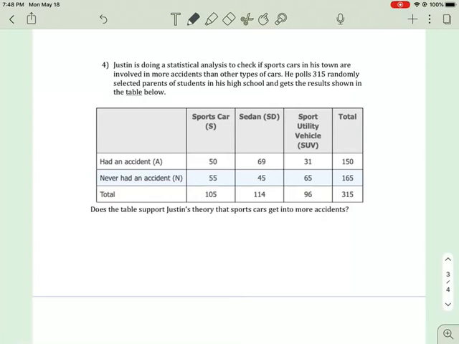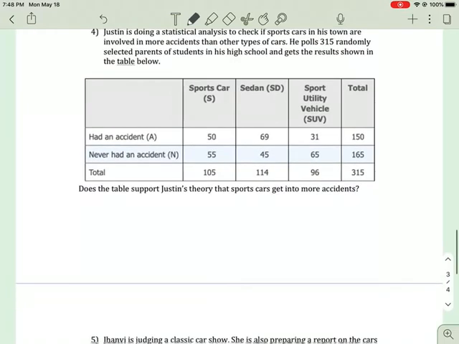All right, so let's take a look at the questions. Does the table support Justin's theory that a sports car gets in more accidents? Well, let's find out. To me, let's just look at sports cars.